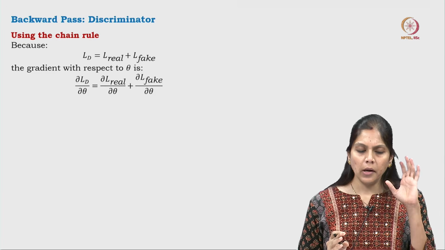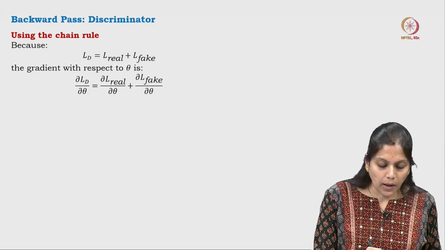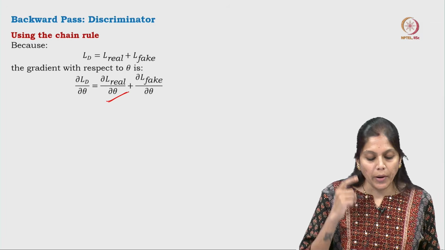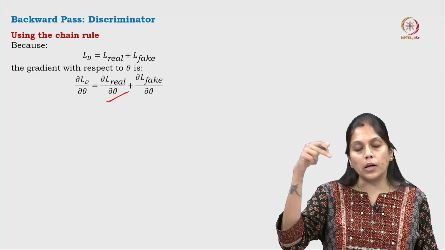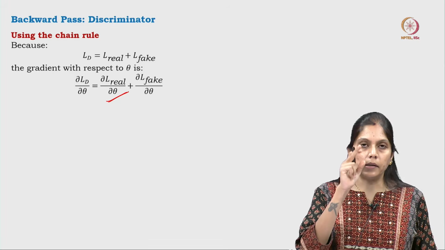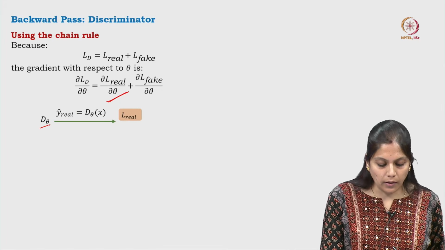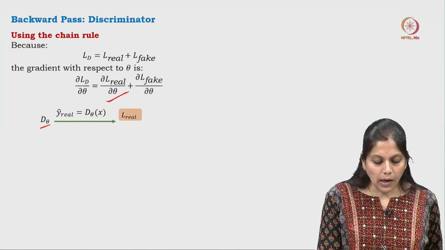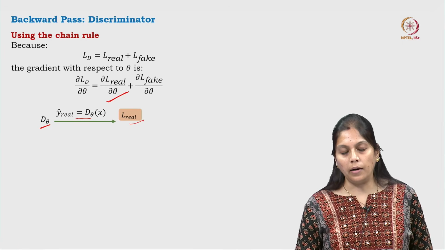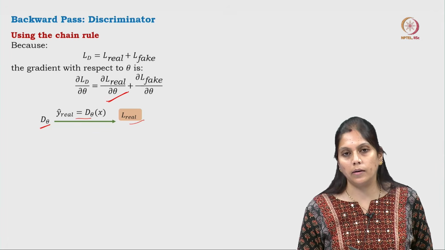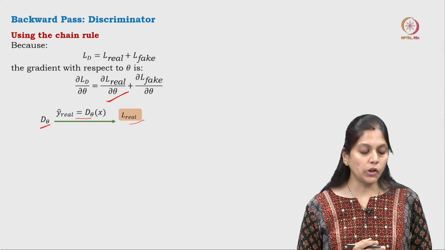Now, just recall from that diagram, first you have to calculate this. If you have to calculate the derivative of loss with respect to theta, what is that path? Is it not this is the path? You have theta discriminator. The discriminator has predicted this. From there you have calculated L real, that is the loss for the real images.